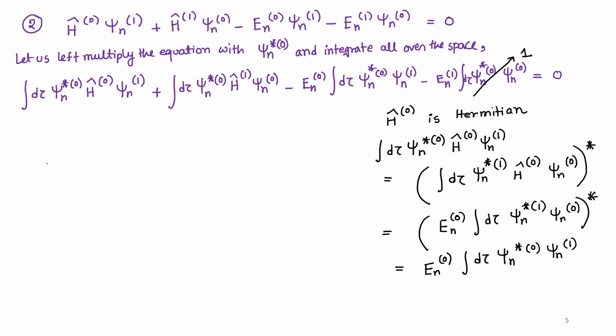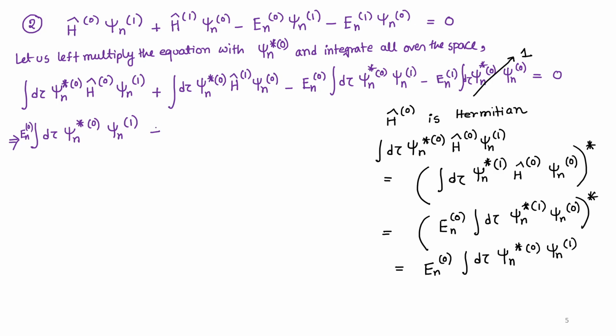So we can see the first term changes to zeroth order d tau psi n star 0 and psi n 1.